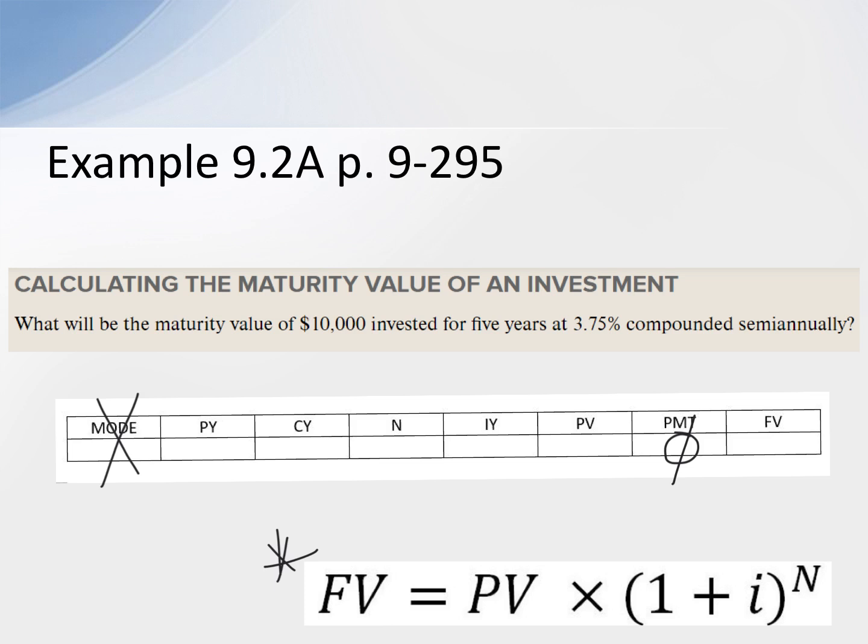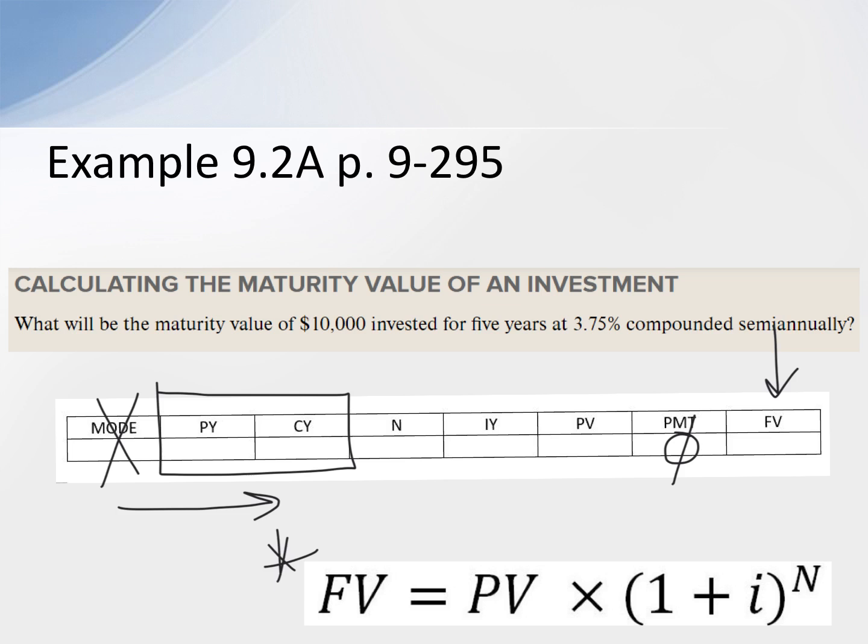It says here that we're going to be calculating the maturity value of an investment, so we're looking at this future value. That's what we're trying to find. If we go across the variables from left to right, we see PY and CY. PY and CY mean payment per year and compounds per year.